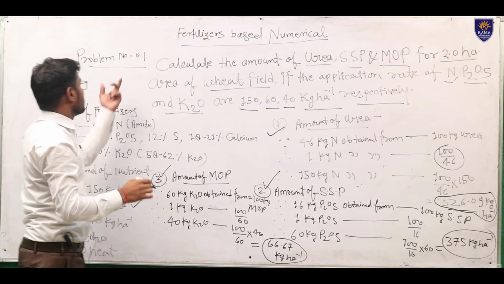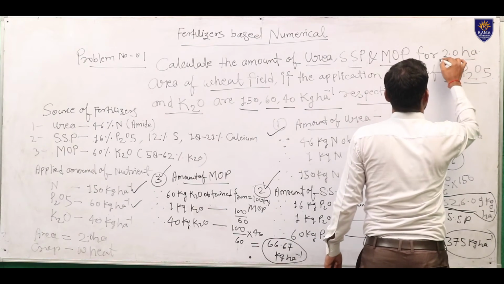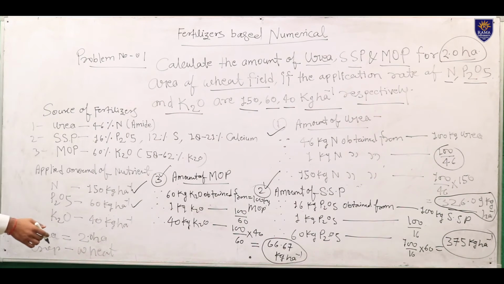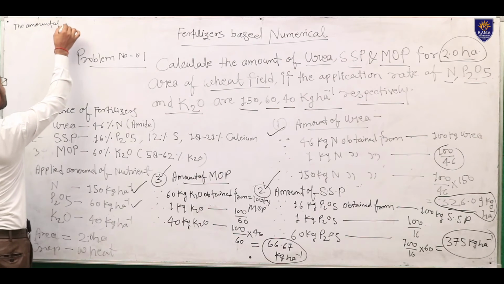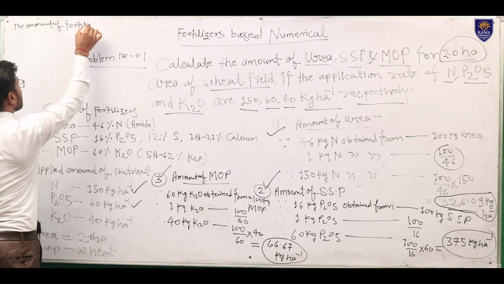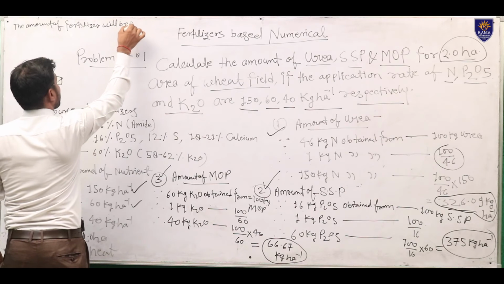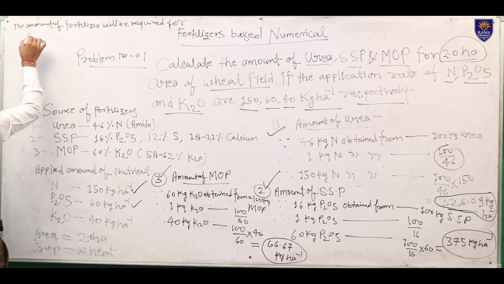But in the numerical we want to calculate for 2 hectare areas. So finally the values of urea, single superphosphate and muriate of potash we will multiply by 2, because the area given in our numerical is 2 hectare.